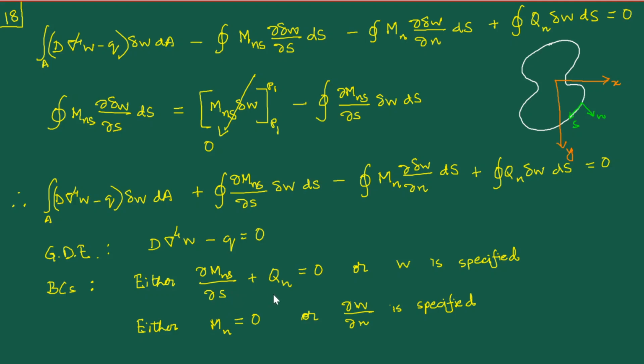Now, this particular thing that we have obtained here has a certain special discussion associated with it, but we'll see about it later. So for now, I'll stop this video, but as far as problems are concerned, we will take up a number of problems considering a circular plate. When we have to specialize to the case of a circular plate from this general NS coordinate system, what we have to do basically is to go from this NS to an R theta coordinate system.